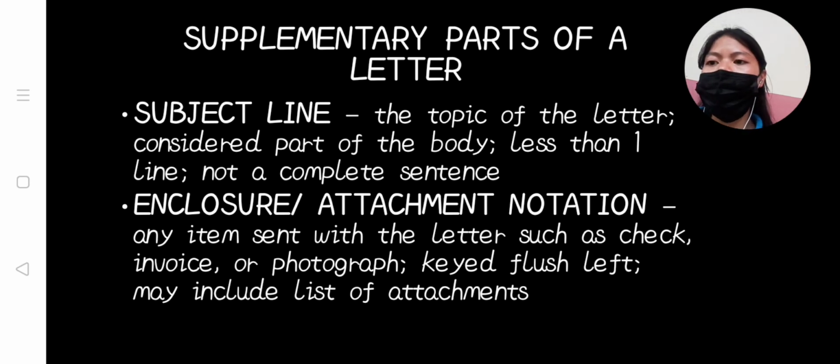Next, we have enclosure or attachment notation. This is any item sent with the letter such as a check, invoice, or photograph. It is flush left and may include a list of attachments. Meaning, if you have something to add, for example, I write a letter and I add my resume, I can put an enclosure notation at the bottom.